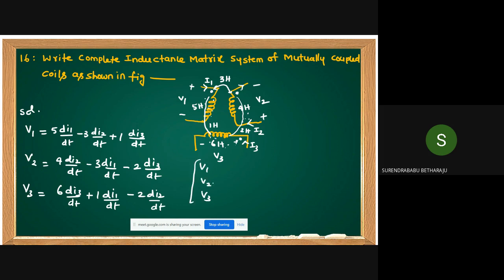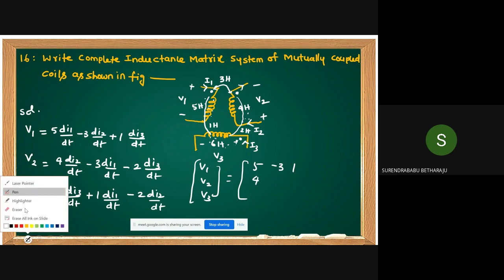Then you can write this as V1, V2, V3. I'm writing in terms of matrix, in terms of I1, I2, I3.